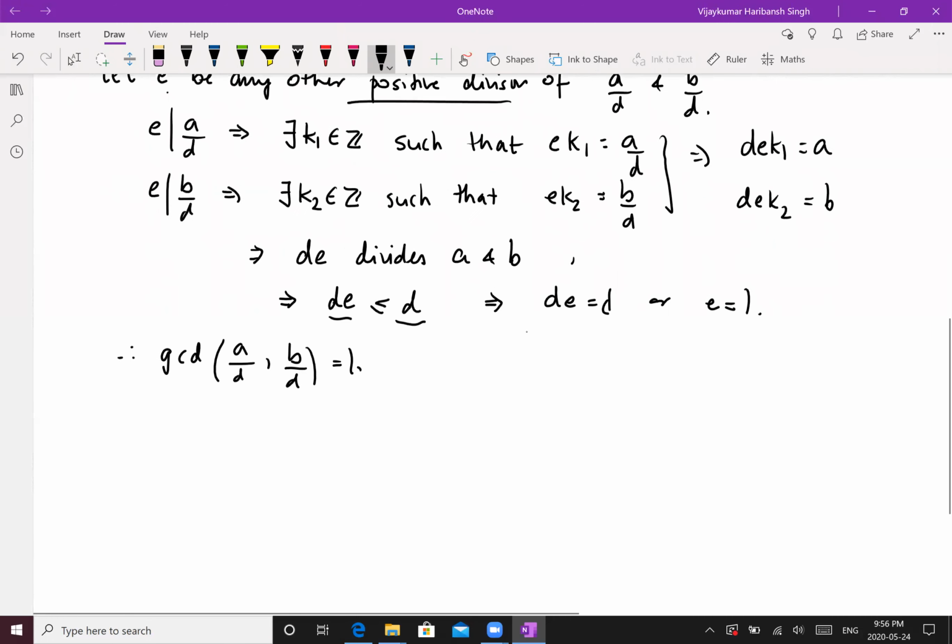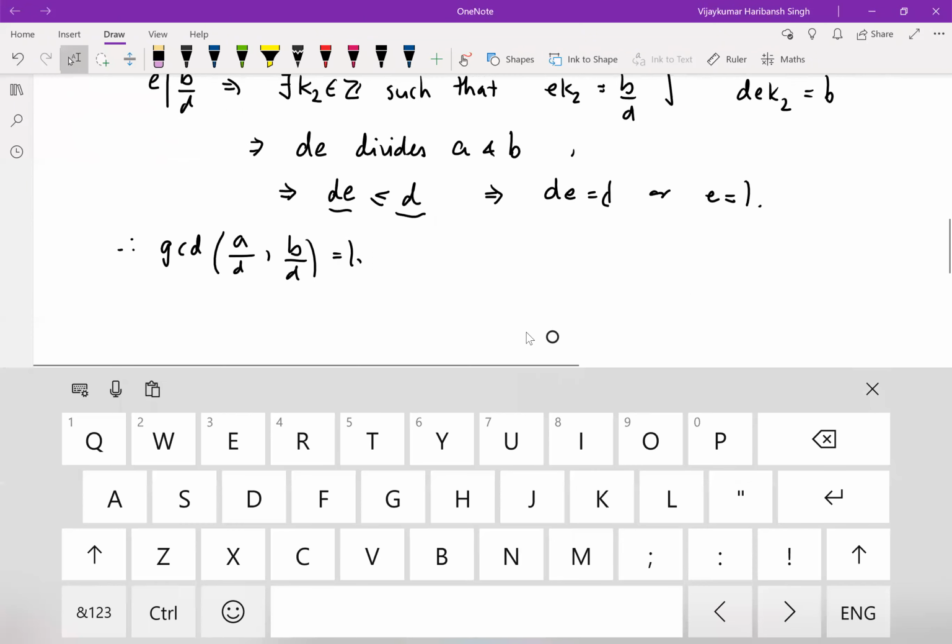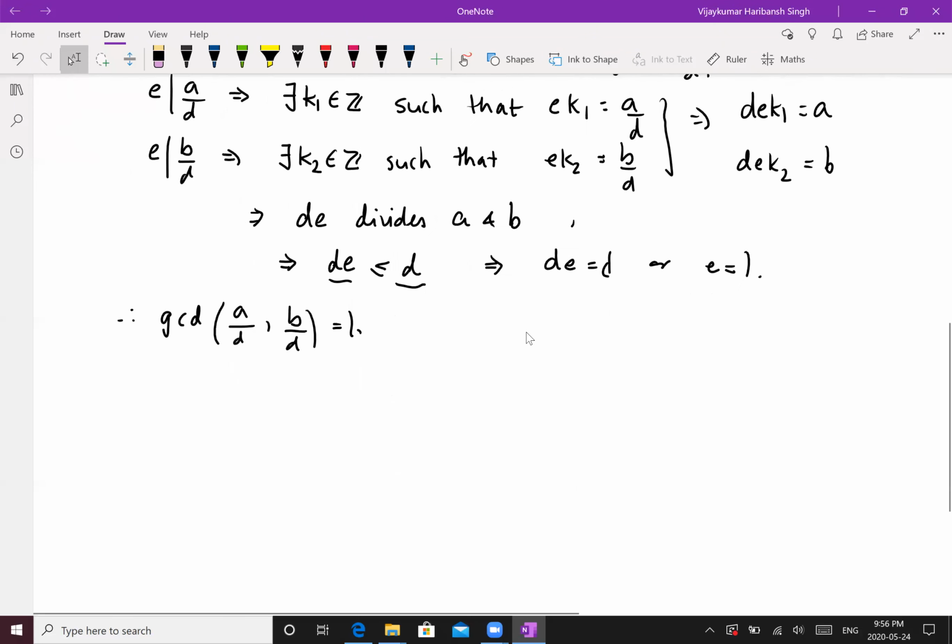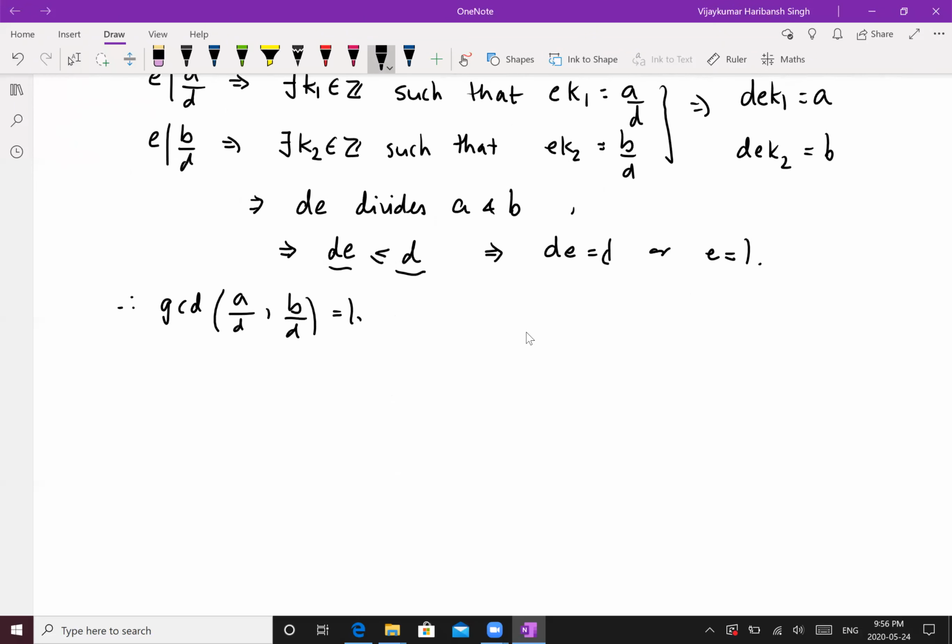Now, based on this theorem, we can have the following corollary.